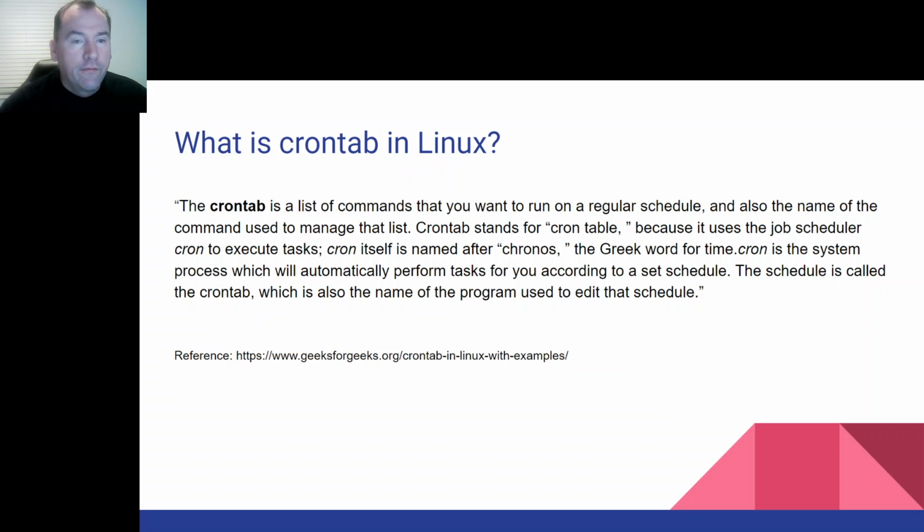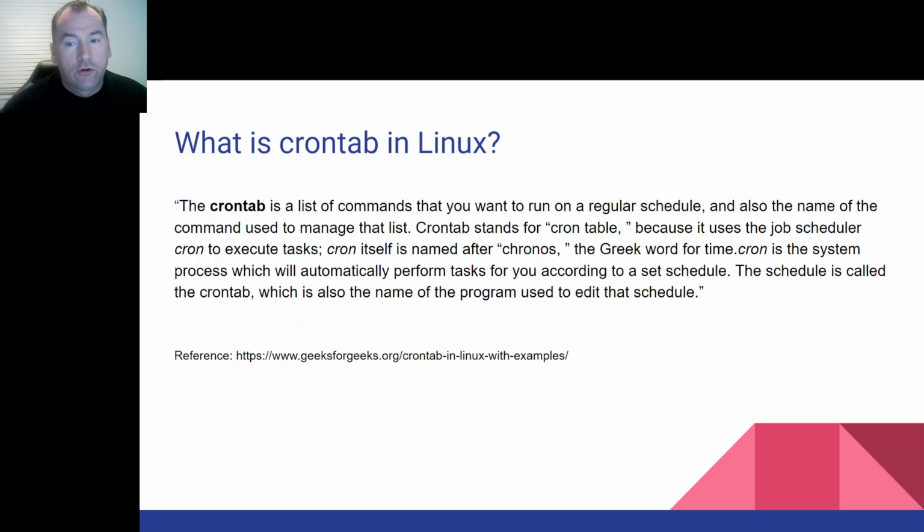So first off, in Windows, a scheduled task is named scheduled task, and we're very familiar with that. Well, in Linux, the crontab is a list of commands that you want to run on a regular schedule. So very similar to what we refer to as Task Scheduler in Windows. The schedule is called the crontab.